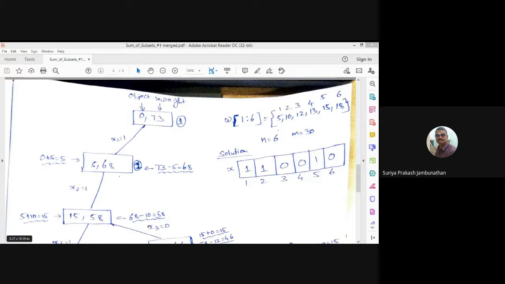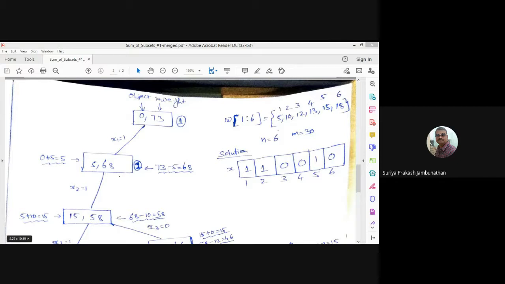At the next level, we are considering x1 equal to 1. What does x1 equal to 1 mean? The first value is being considered, so the first value becomes the object, and whatever value we take will be deducted from the overall weight.